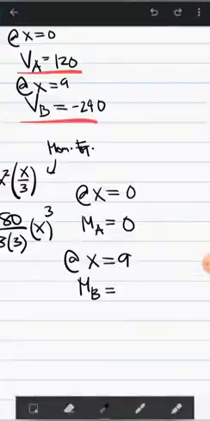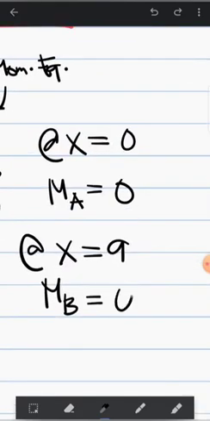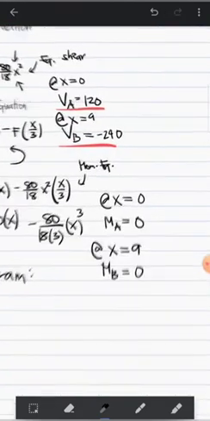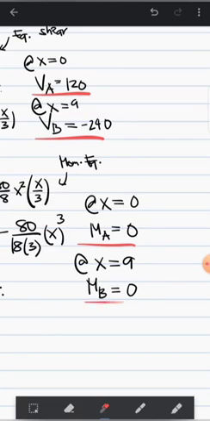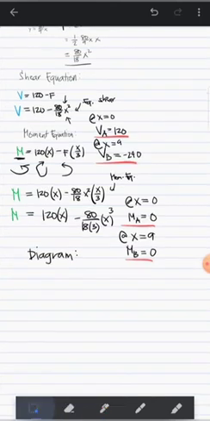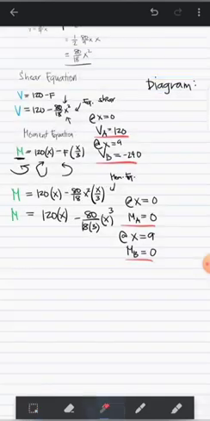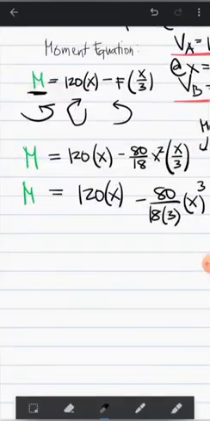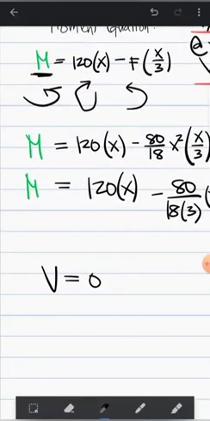So at x equals 9, or the very right end, our moment there is just 0. Alright, we have the shear and moment at A and B. One last thing, our concern is where the moment is maximum. So the answer is the moment is maximum at V equals 0.